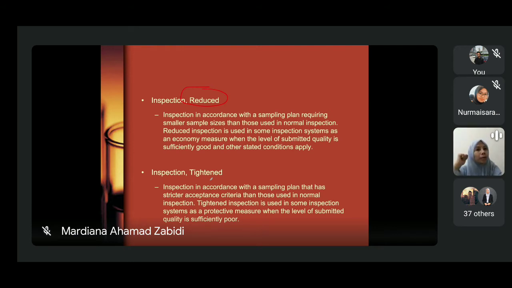Meaning that you are using more manpower. Manpower tu adalah staff you kena buka, kena check, kena buat testing and etc. Okay, ambil masa. So the raw material yang lain pula, it will become delay. So that is the advantage and disadvantage of Titan inspection.